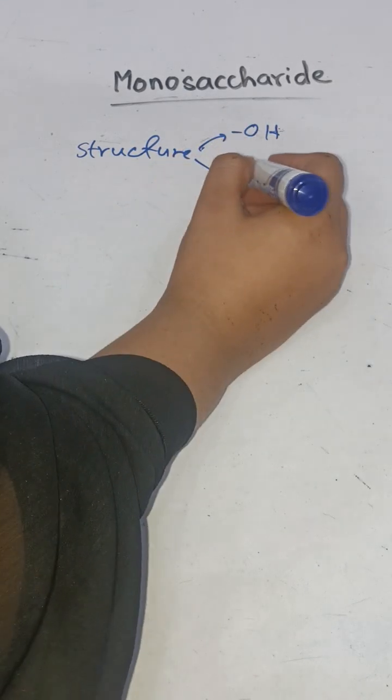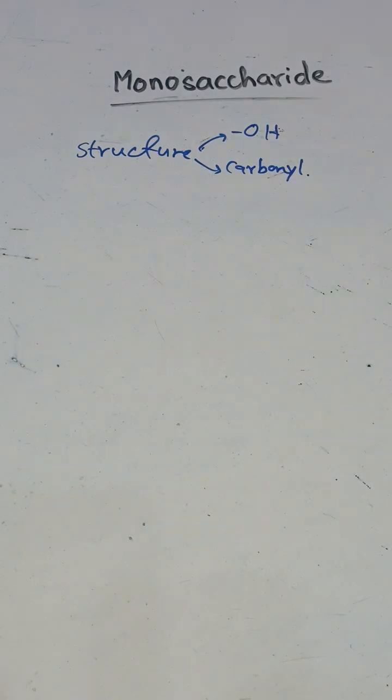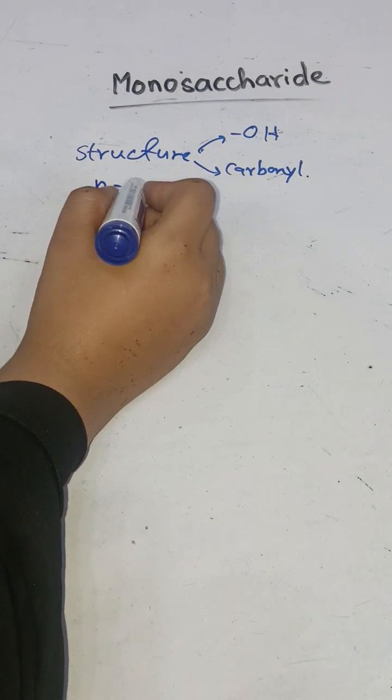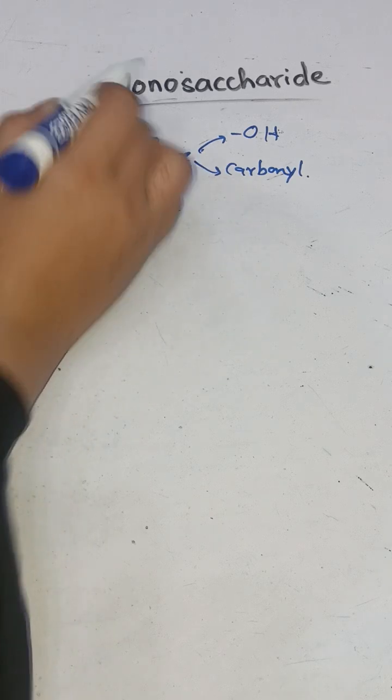Second, it has the carbonyl group, which could be an aldehyde group or a ketonic group. Similarly, it is the same case with the monosaccharide. The monosaccharide will be the same, just the difference is in the number of n. The number of n can be 3 to 9 in the case of monosaccharides.